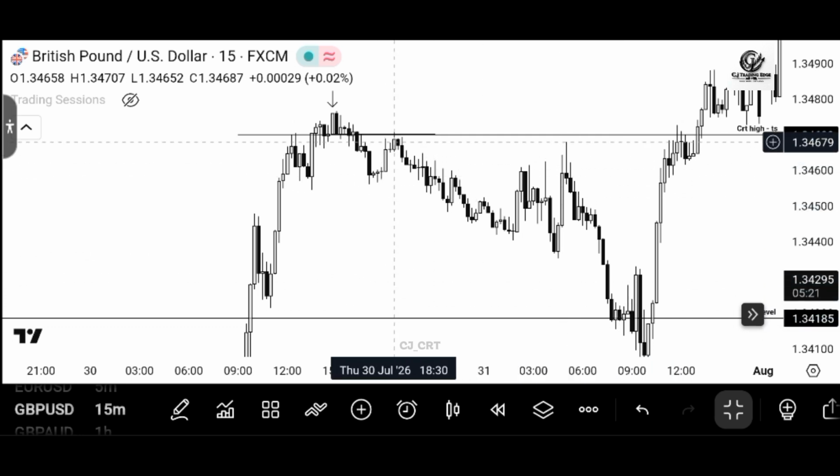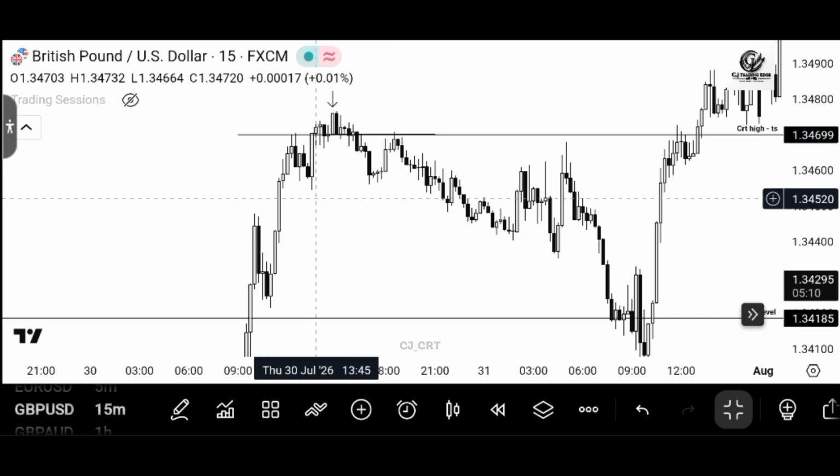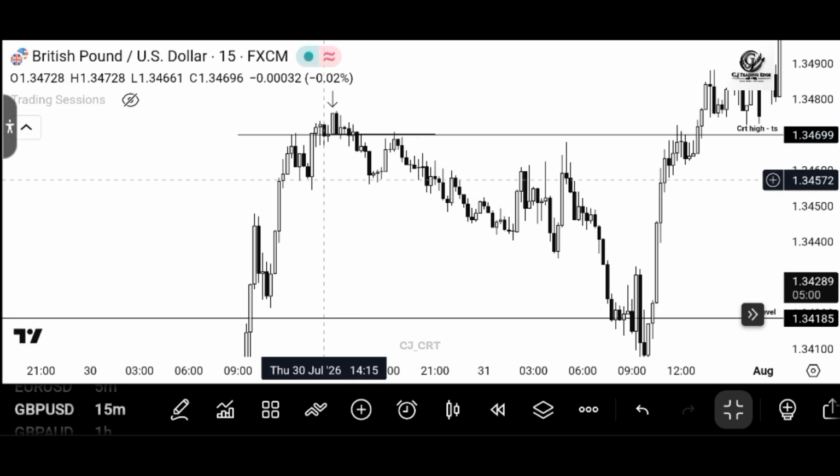If it hits your stop loss, you were wrong. Make sure you journal. Find out the reason why the CRT failed. Am I in a bullish trend and I'm trading a bearish CRT? Am I trading a CRT that is not aligned with key time? Am I trading a CRT that is not happening in a key level? These are the questions you should ask yourself.